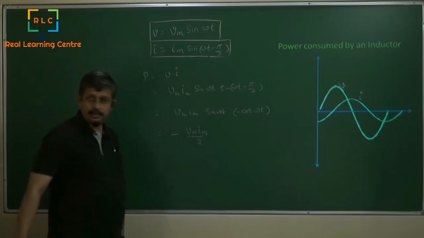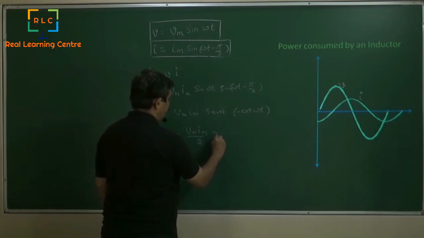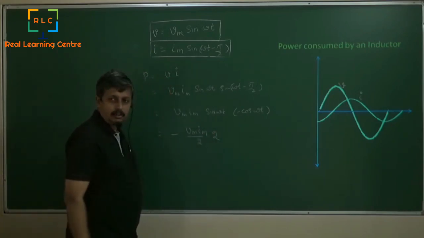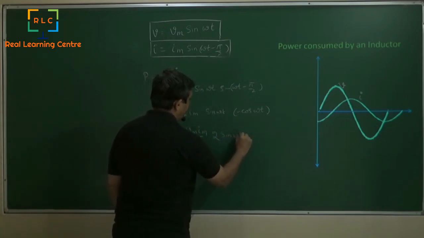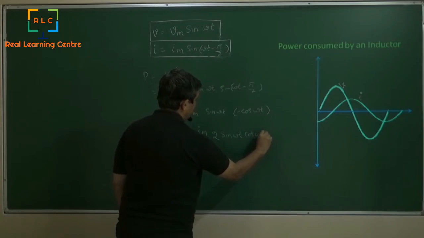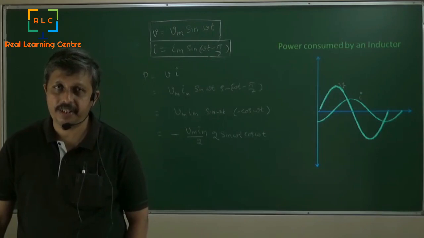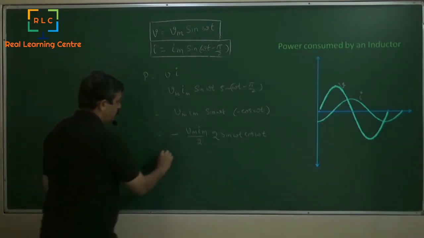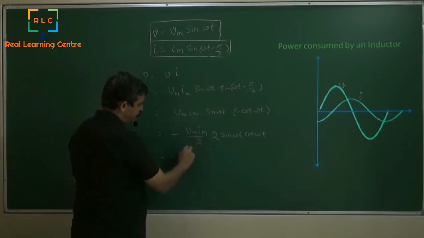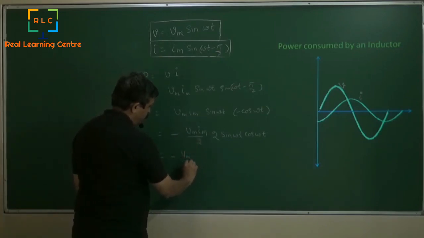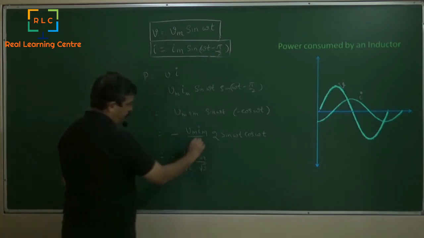and I will also write into 2. I'm just going to do 2 into 2, and here I will write sin omega t into cos omega t. There's a lot of simple trigonometry here. So here I'm going to write minus Vm by root 2 into Im by root 2, because root 2 into root 2 is 2.